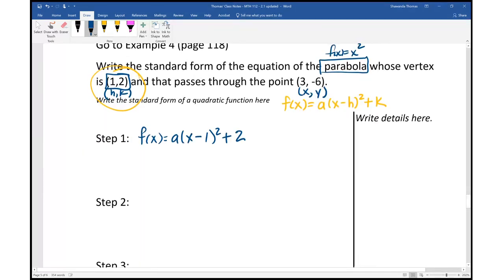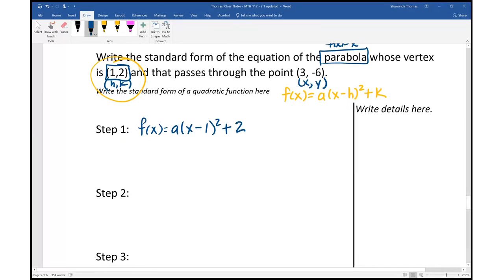So we're halfway done. The only other letter we need to replace is the a. So we need to use the last piece of information to solve for a. And we would have constructed the standard form of an equation that represents this information.